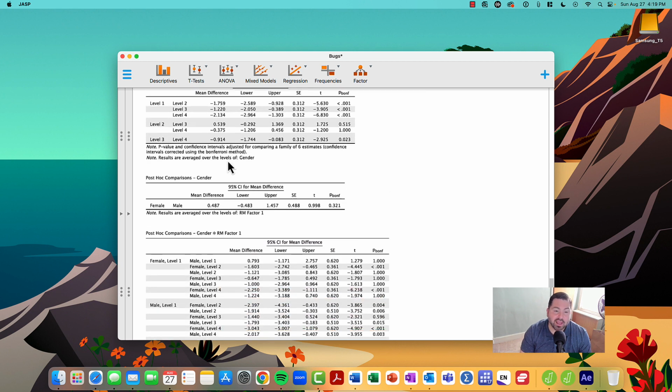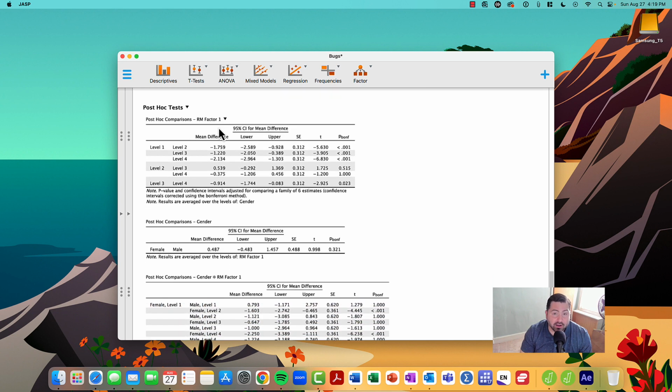Also, if you were to look at the post hoc for gender, which we don't really have a reason to do because our interaction was non-significant, you can see if you were to take the data overall, the aggregate data for all 4 levels for females and all 4 levels for males, that there's no statistically significant difference in those findings. This is evidenced by the p-value being larger than 0.05.